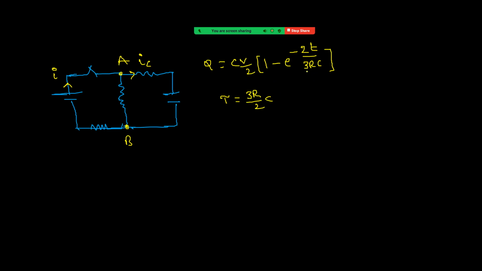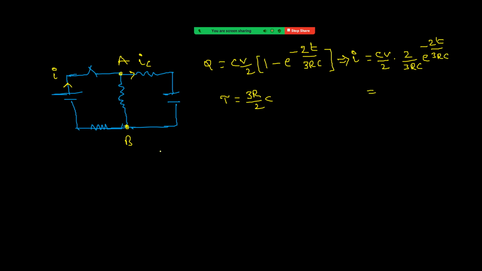Now, if we differentiate this, we get the current, right? Differentiate that, see how much we get. CV by 2 into 2 by 3RC into e power minus 2t by 3RC, right?